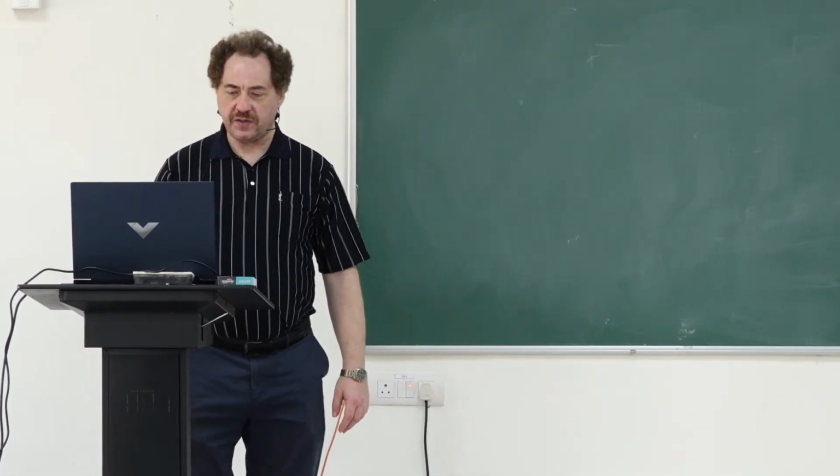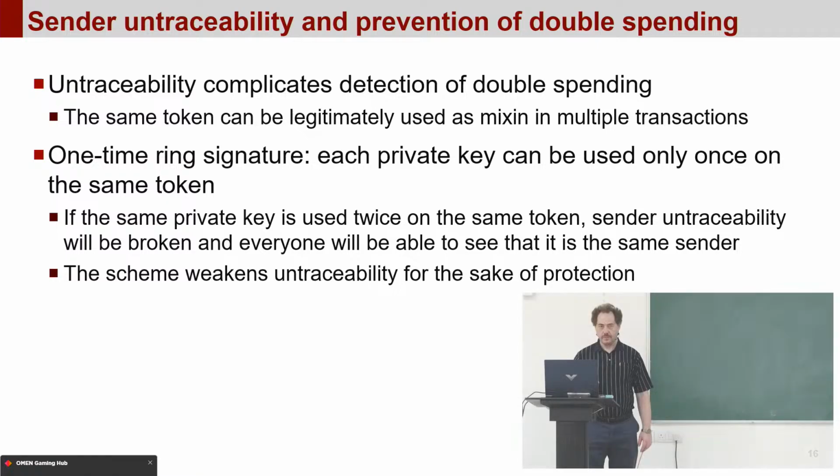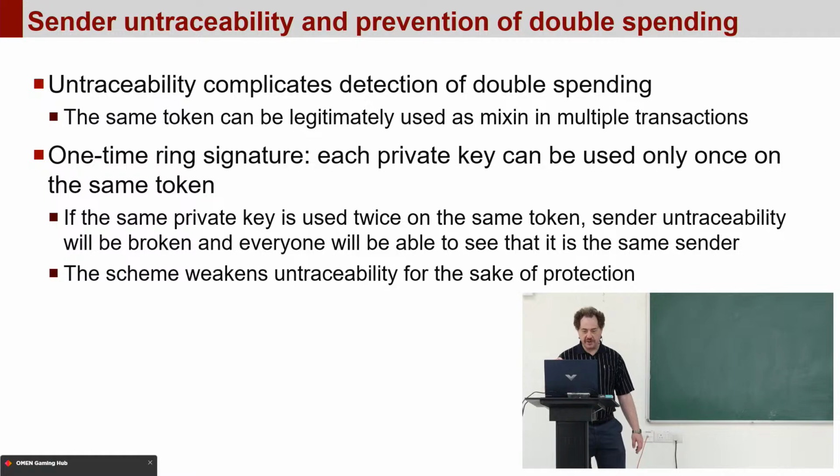So what happens if the same private key is used twice on the same token? In this case, the one-time ring signature mechanism deliberately breaks sender untraceability. And this way, everyone will be able to see that it's the same sender in both cases.